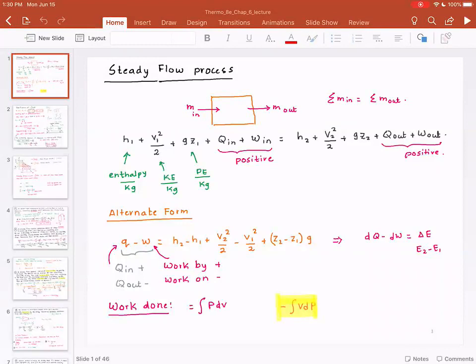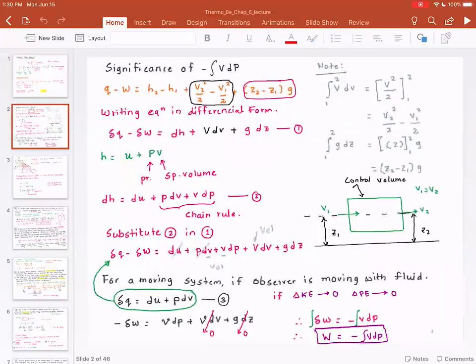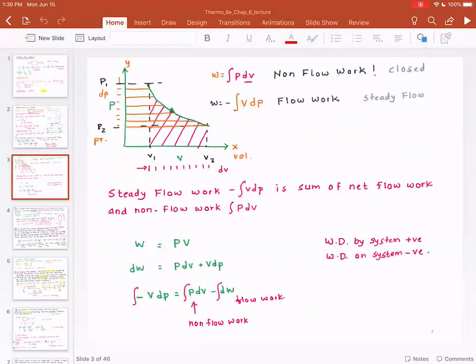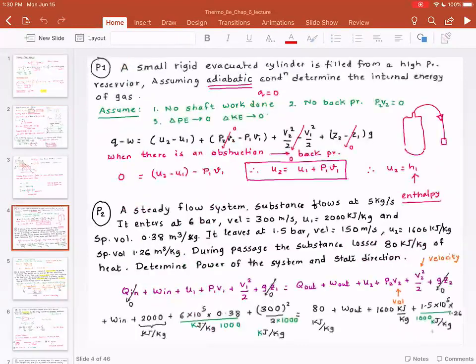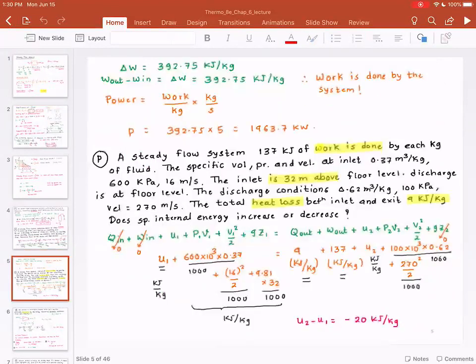So in the past, we looked at the steady flow processes. We looked at the significance of minus VdP. We looked at the relationship between the PdV work and minus VdP work. We worked out quite a few problems.